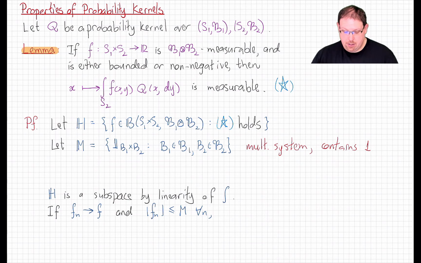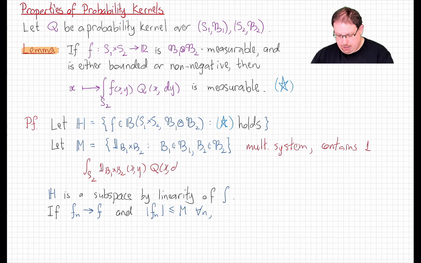Now it is very straightforward to verify that M is contained in H. That is to say, the functions in M do satisfy the measurability constraint when integrating. We can just check that from the definition. If I integrate the indicator of B1 times B2 of x, y against Q of x, dy, well, that indicator is just the indicator of B1 at x times the indicator of B2 at y.